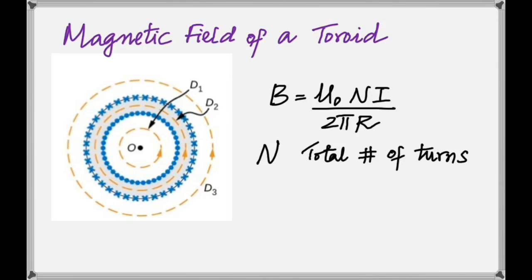When I say radius of the toroid, I thought you would ask me, is it the inner radius or the outer radius? You know, that's confusing. So R is actually the radius of the path that you're considering. You see this path? So in this case, it would be the radius of that loop. So R could vary between the inner radius and the outer radius. Okay, that makes it clear. Could be anything between the inner and the outer radius.